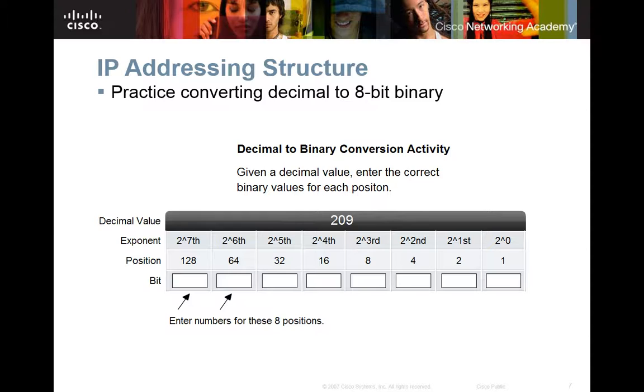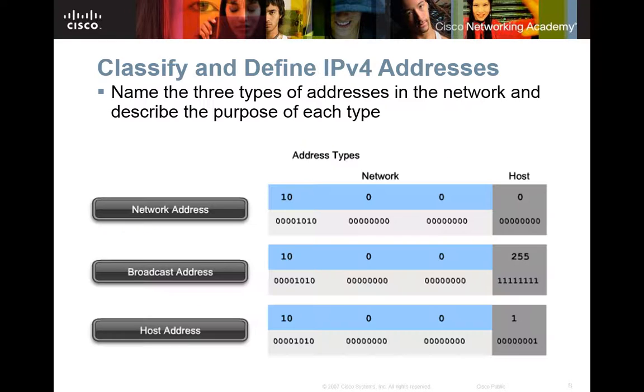We have to have 128. We have to have 64. That's going to give us 192. So if we're at 192, we need a 16. That'll take us to 208, and then we need the last one. That'll take us to 209. There you go. Pretty easy, right? 11010001. Yep.